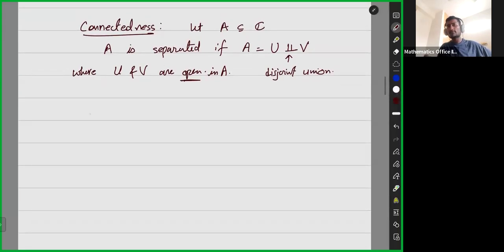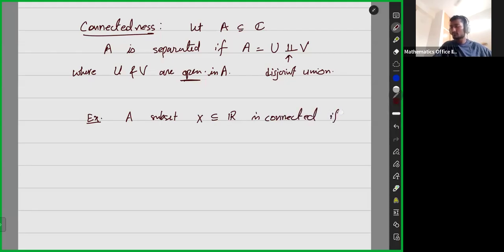So one example was given about real numbers. What are the connected subsets of real numbers? A subset X of real numbers is connected if and only if it is an interval.